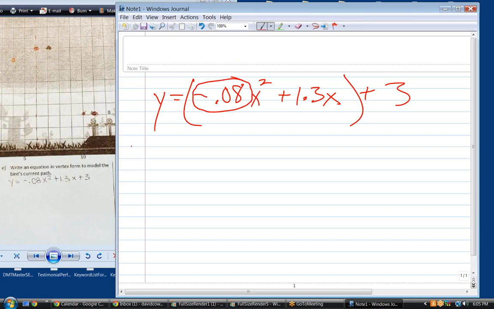So how do I do that? Wouldn't that be positive 0.08? No. What we're going to do is factor that out of both of these terms. So I'm going to divide both of these terms with x by negative 0.08.